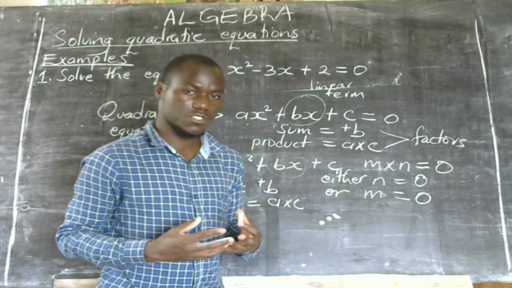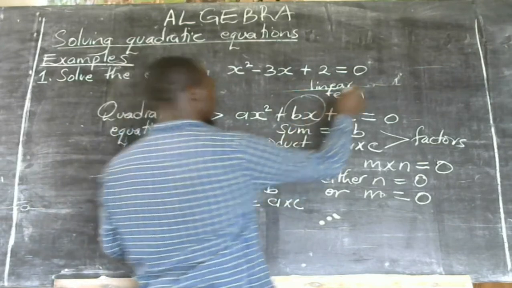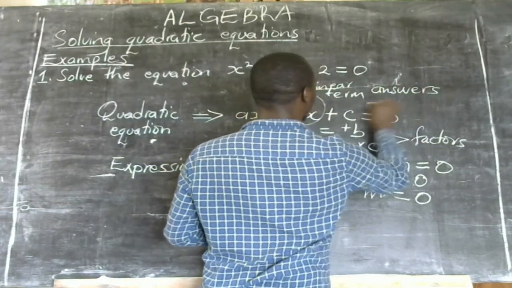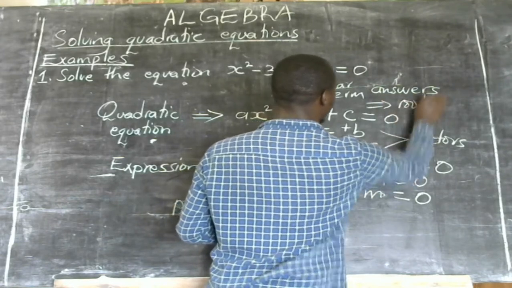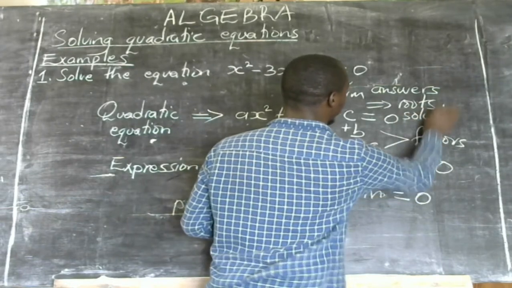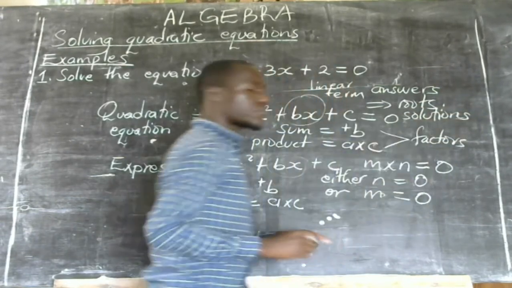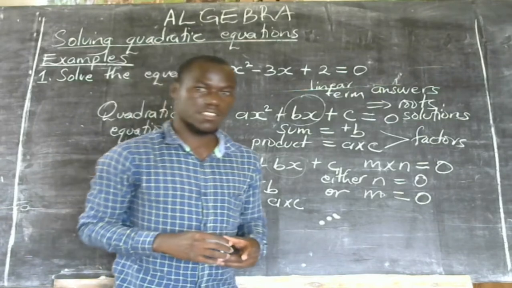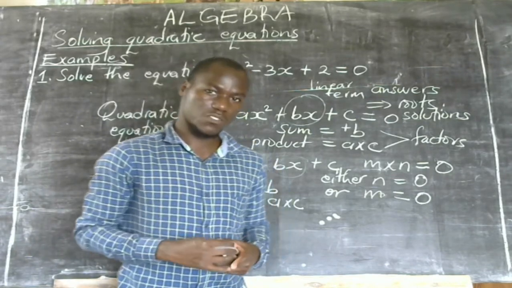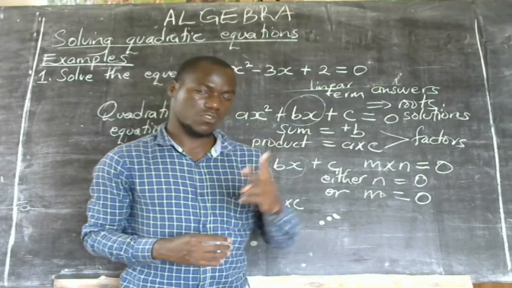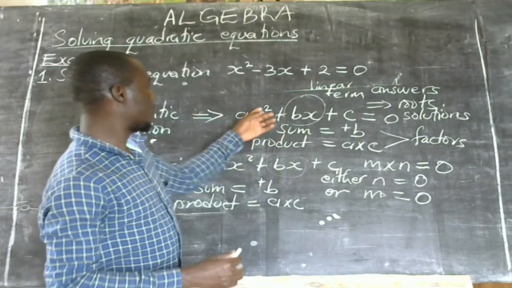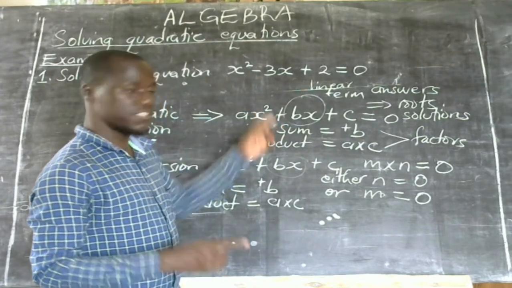A quadratic equation has its answers as roots. If they don't call them roots, they can call them solutions, as we shall be seeing when forming a quadratic equation. A quadratic equation always has two answers, simply because the degree of the variable is 2.